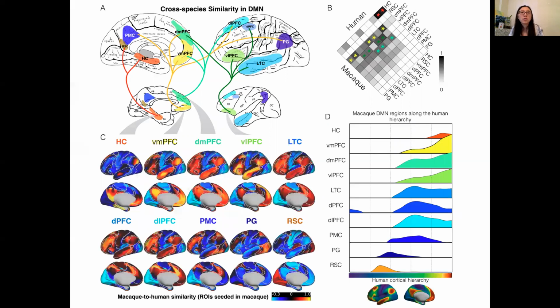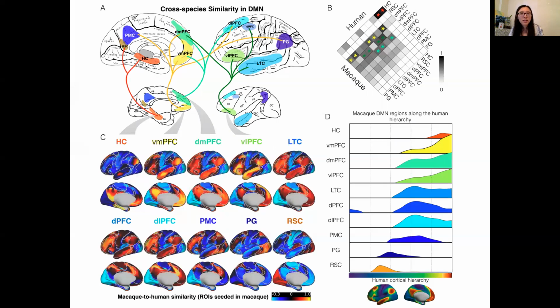Here we show the cross-species similarity map seeded in the macaque brain and how it looks compared to the human default network. Surprisingly, the similarity pattern of a few default network regions in macaque doesn't really look like the typical default network in human, but more like a frontoparietal and attention network.